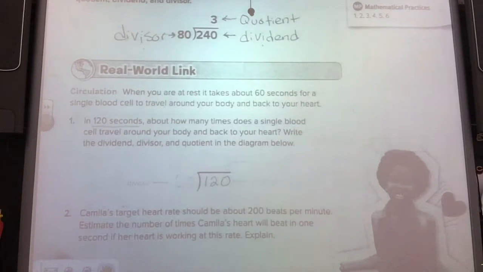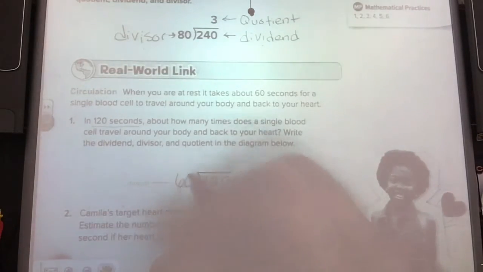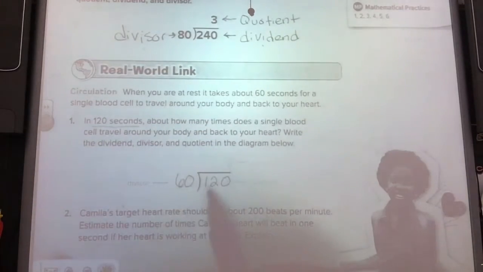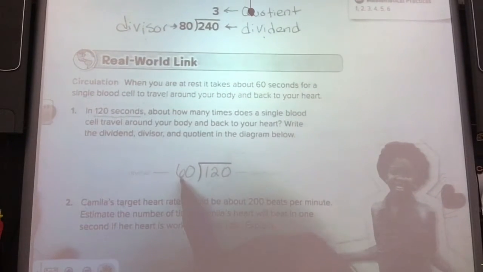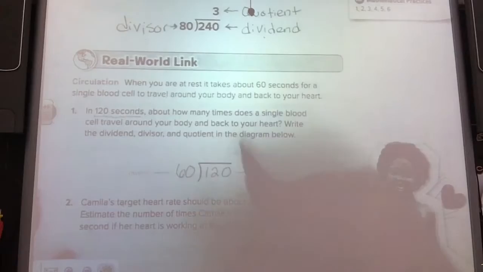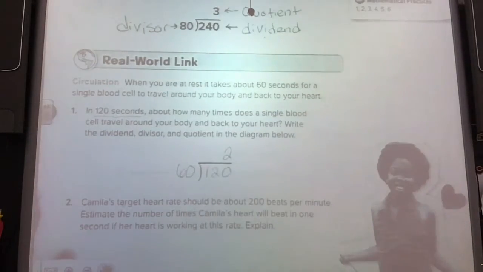We are dividing by what? How many seconds does it take for it to travel once? Good, 60. So now we have to figure out how many times 60 goes into 120. Well, how many times does 6 go into 12? 2. So how many times would 60 go into 120? 2.